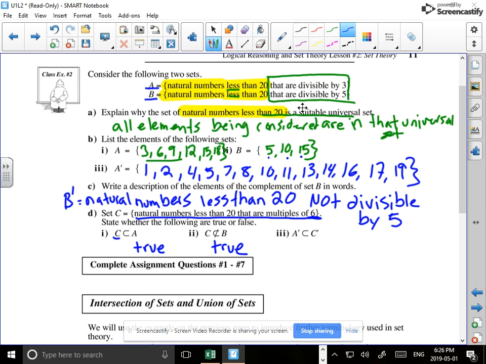Now, A prime is a subset of C prime. Basically what they're saying there is, are all the numbers that don't work for A, which is A prime, all going to be inside of C prime?